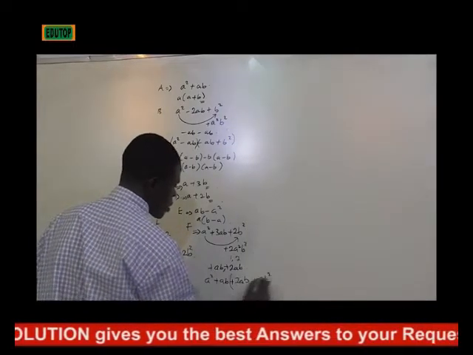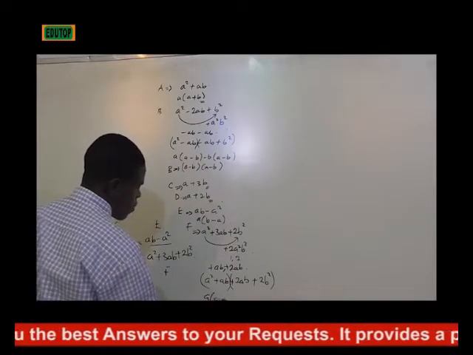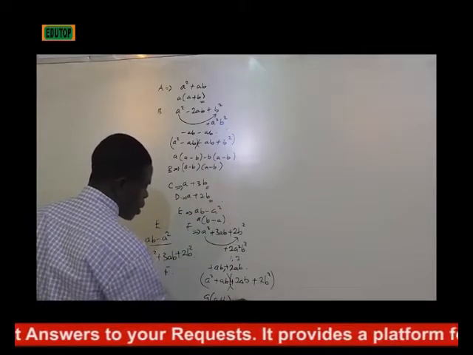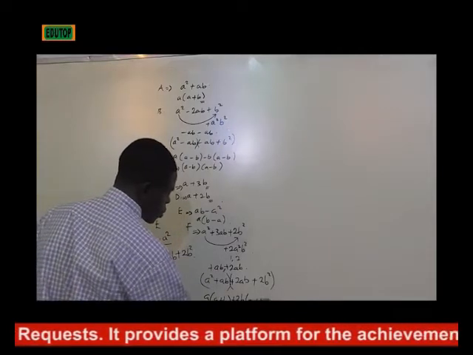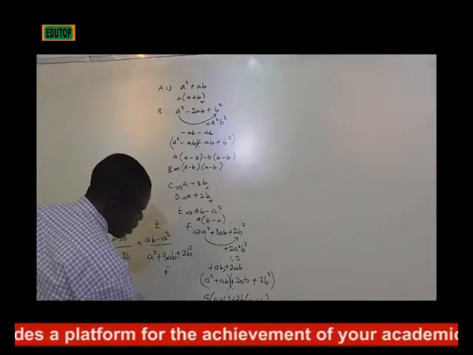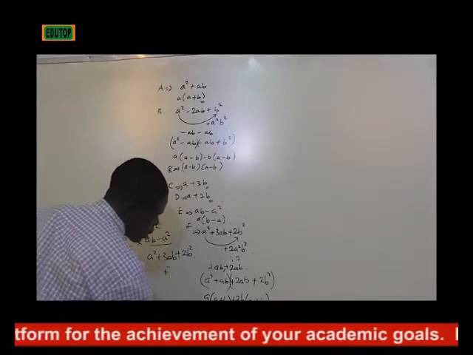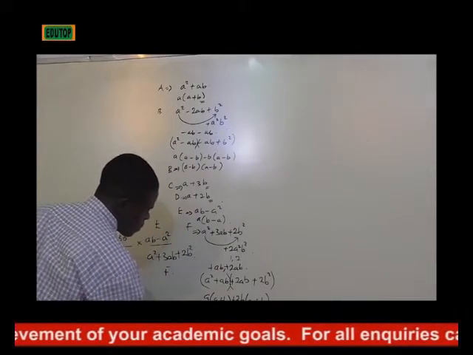So we dissect this. What's common here? A is common: a plus b. What is common here? Plus 2b. Then we have a plus b. So a plus b is common: a plus b, a plus 2b. And this is our F.